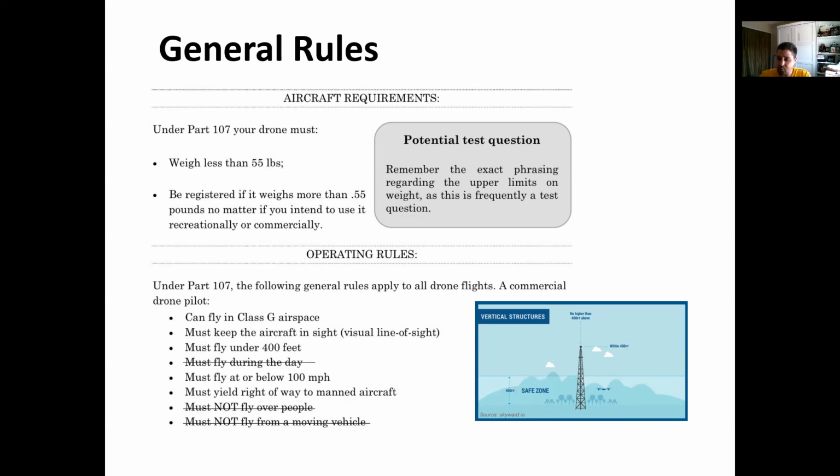Let's go over operating rules and bang out some of the big ones here. Under Part 107, the following general rules apply to all flights. You can fly in what's called Class G airspace. That's a completely separate topic, but just correlate in your mind that Class G means open airspace for drones.